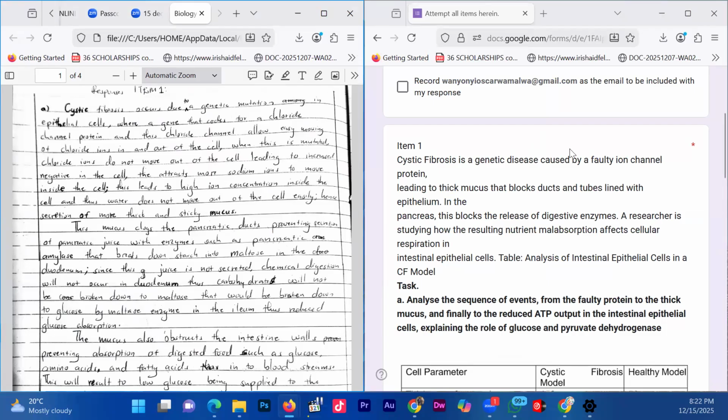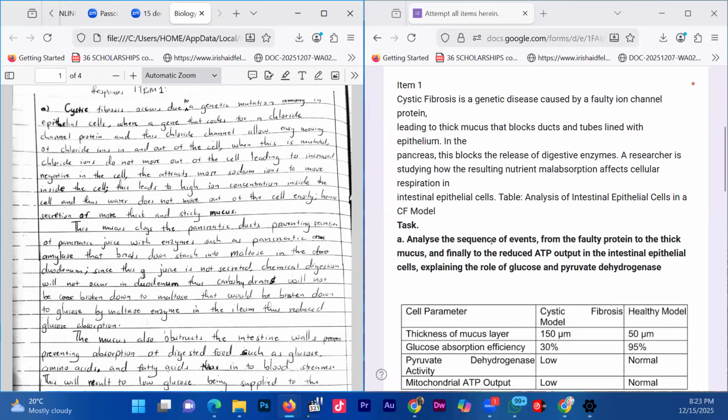And they're telling us that CF, cystic fibrosis, is a genetic disease caused by a faulty ion channel protein leading to thick mucus that blocks ducts and tubes lined with epithelium. So in the pancreas, it blocks the release of digestive enzymes. And this researcher is studying how the resulting nutrient malabsorption affects cellular respiration in the intestinal cells.